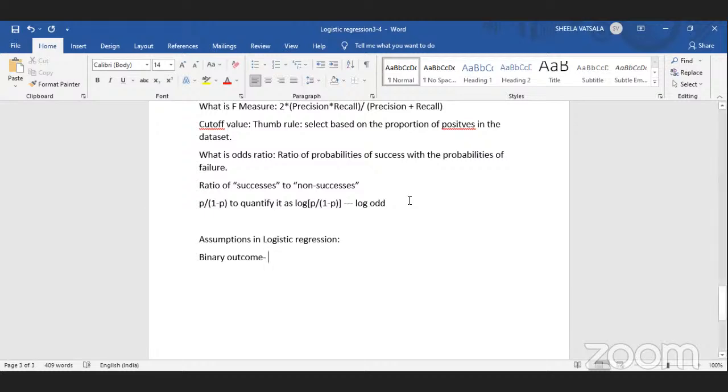So only one outcome per event. If you flip a coin, can you get head and tail together? No, you can only have one. So in a binary outcome, it will be either 0 or 1, pass or fail, disease or no disease. So that is one assumption, right?